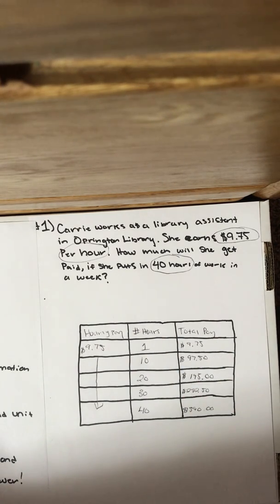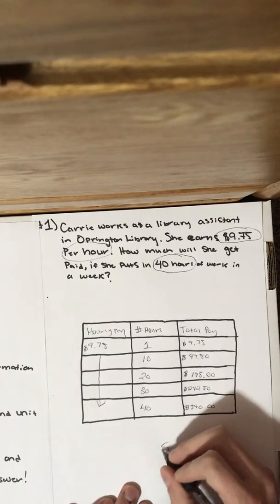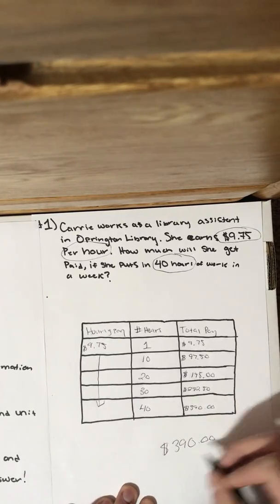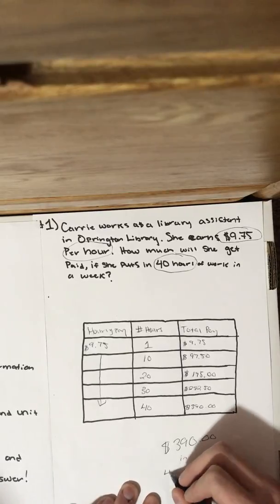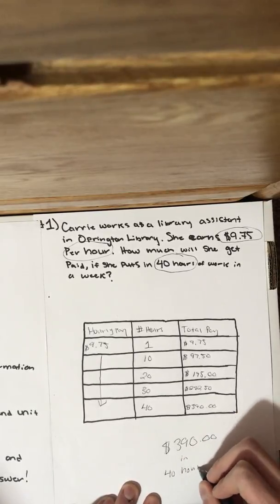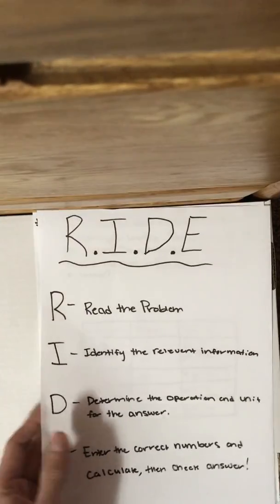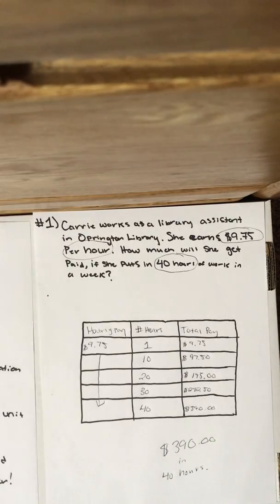If Carrie works 40 hours at the library and gets paid $9.75 per hour, she will make $390 in 40 hours. And that's how you use the RIDE problem solving strategy to solve some math equations.